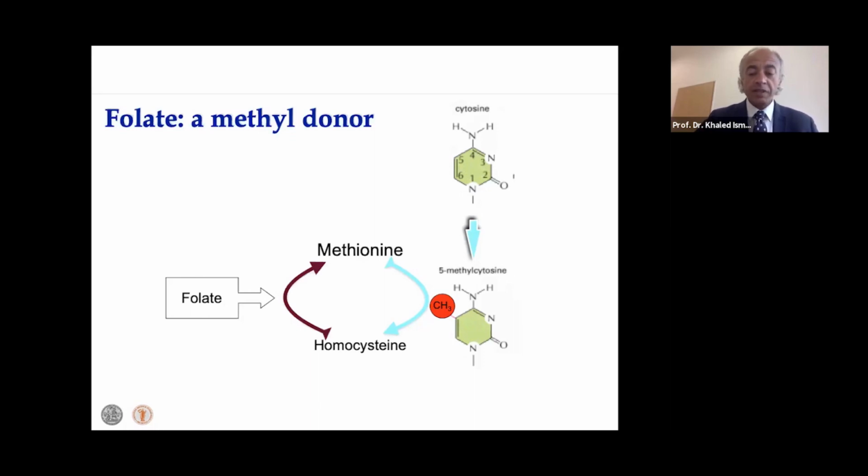Of course, this is an oversimplification, but in this process, a carbon is released in the form of a methyl group. This methyl group is the methyl group we have been talking about. This is the methyl group that can go and attach itself to histones and methylate them, or indeed to the cytosine if it's next to a guanine and cause cytosine methylation.